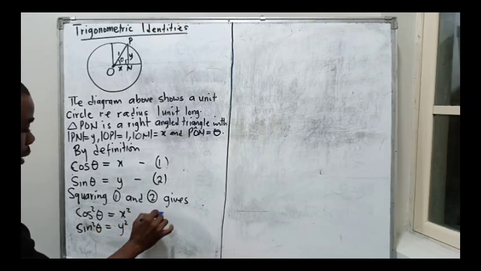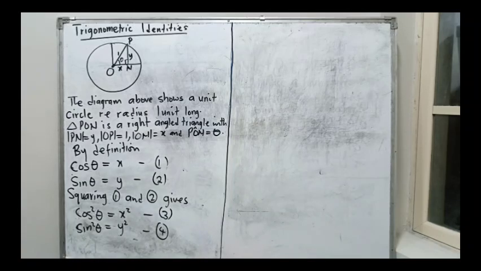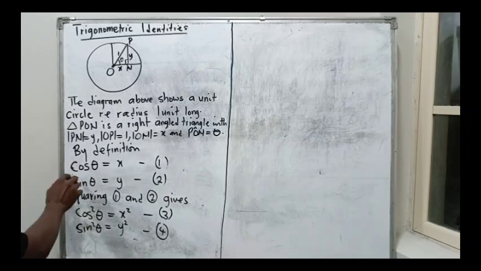This is equation 3, and this is equation 4. We got equation 3 and 4 by squaring equation 1 and equation 2.